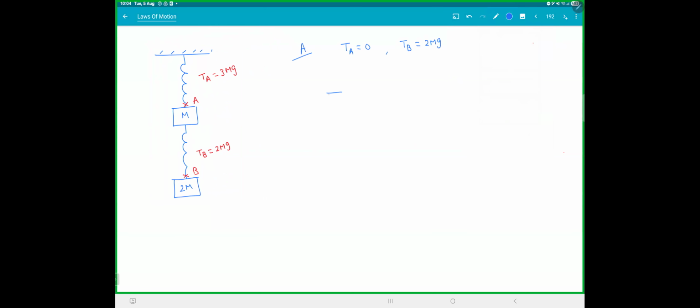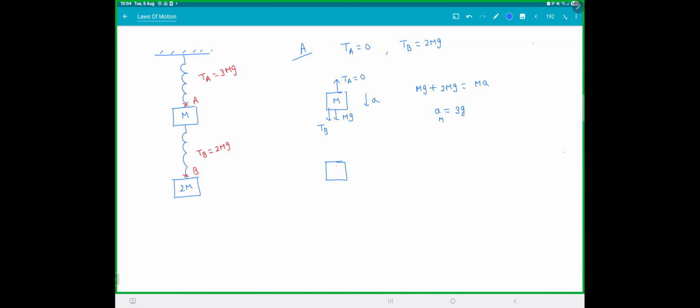Draw the FBD of block m. The forces: TA, which has become 0, your own weight mg, and the tension TB, with acceleration downward. So mg plus TB, which is 2mg, equals m times a. So this acceleration will be 3g.